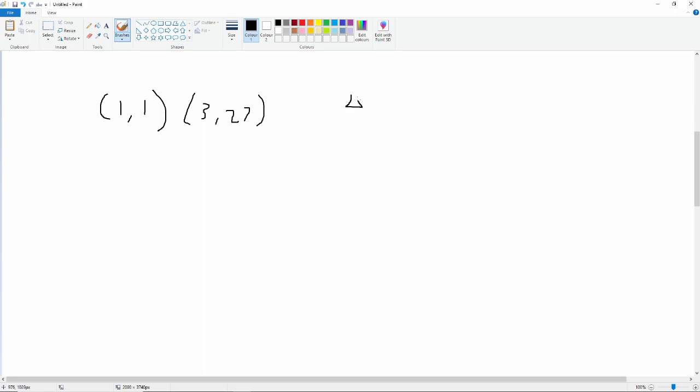This is just delta y by delta x, which is equal to 27 minus 1 over 3 minus 1, which is equal to 26 over 2, which is equal to 13. So we're estimating the slope here as 13.